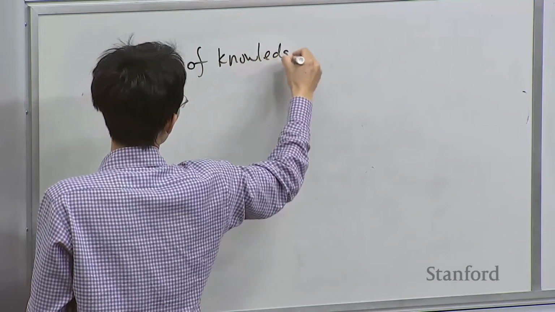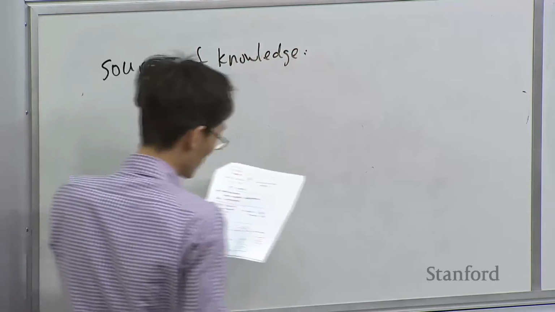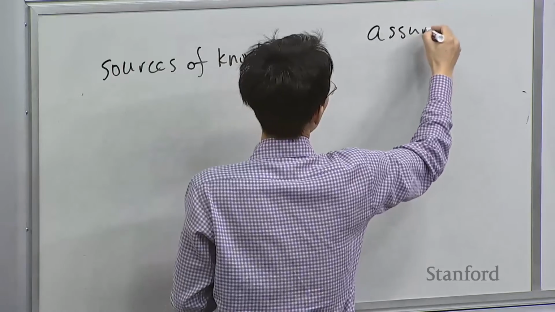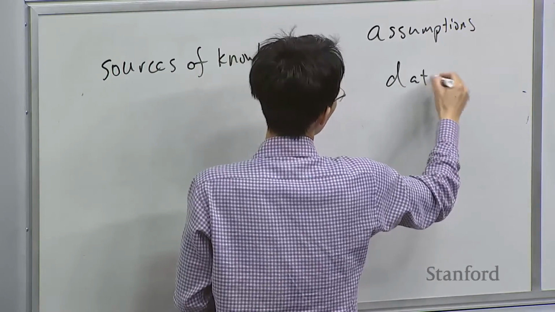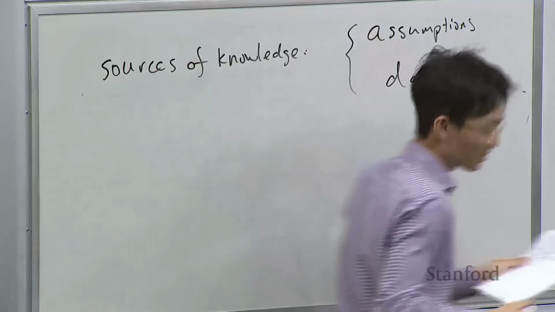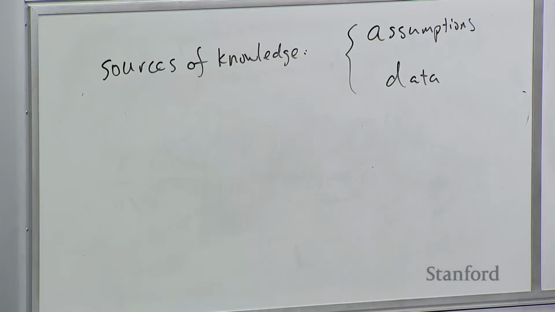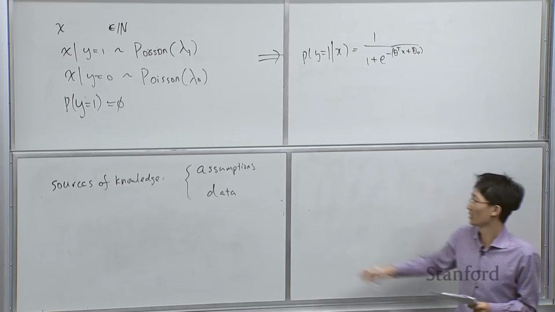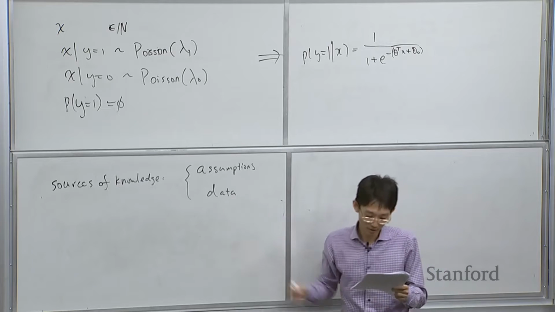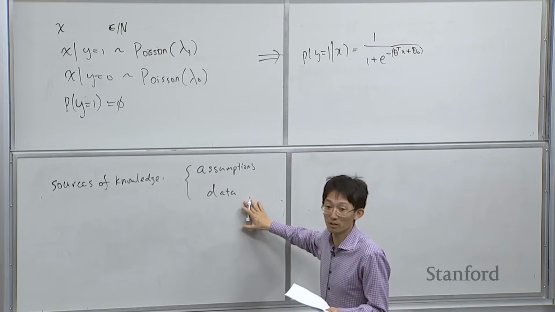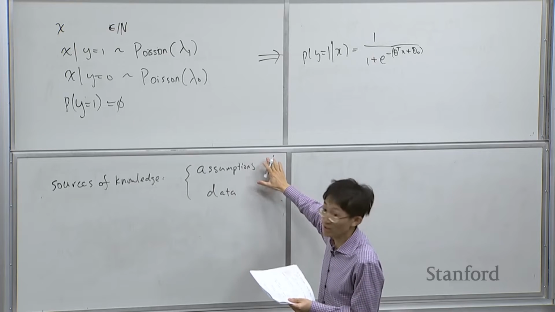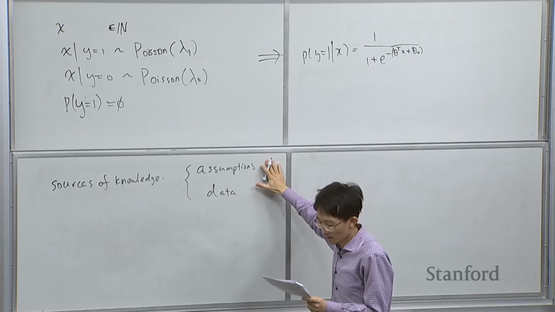The model learns from 2 things. One thing is your assumption, and the other thing is you have data. The assumptions mean how do I probabilistically model all of these quantities, and data is really just what you see, right? So if you have more data, of course it's good. If you have more assumptions, if the assumption is correct, then that's good.